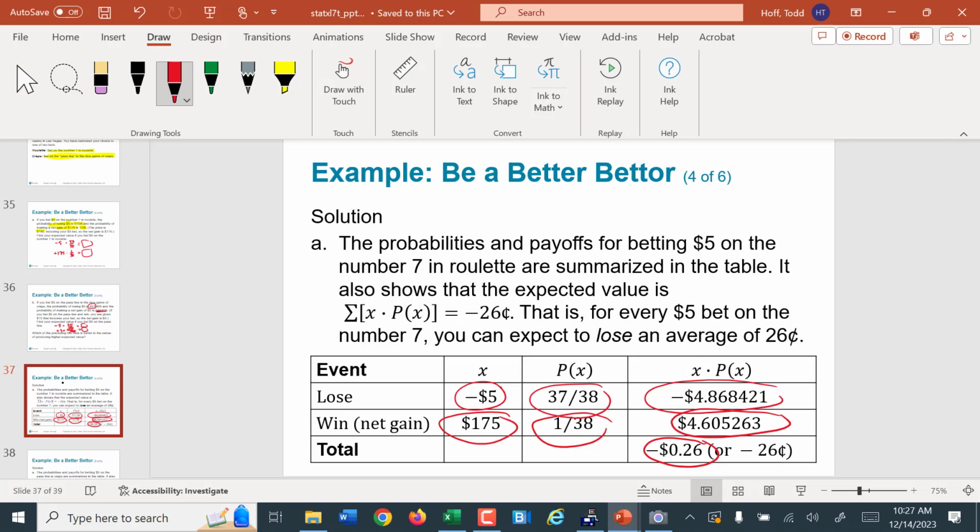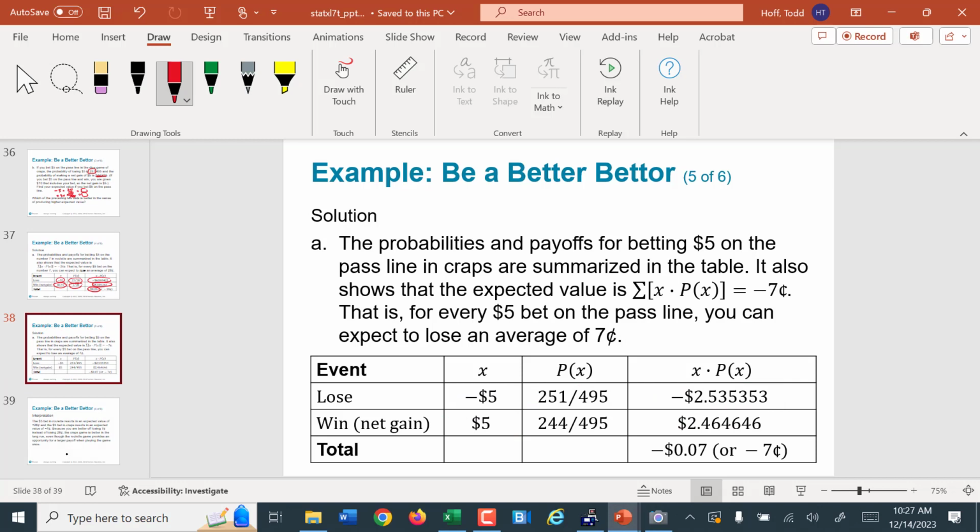So that means every time you bet 7, on average, you'll lose 26 cents for every time you play. You might win in the short run, but in the long run, you're going to lose 26 cents every time you play, which means every time somebody bets 7, the house is going to profit an average of 26 cents. That's how casinos make their money.